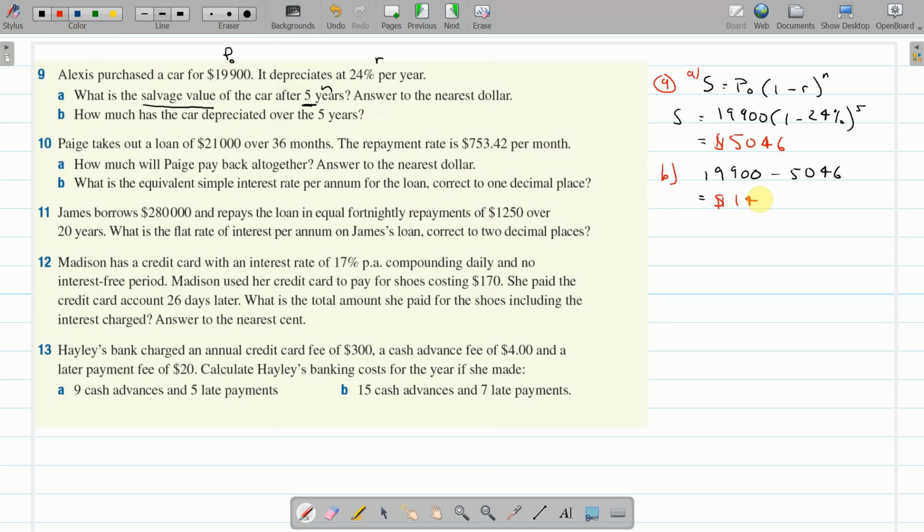That's how much it's depreciated over the 5 years. So there's questions 9A and B. Question 10. A.